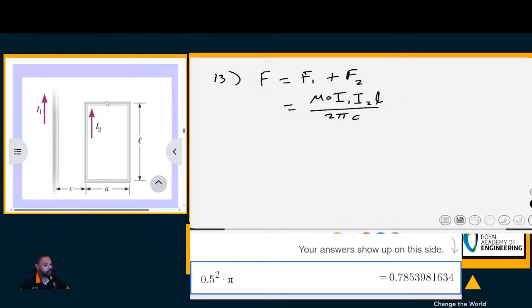plus. I'm checking something here, magnetic field, right hand rule, up, push it in here.